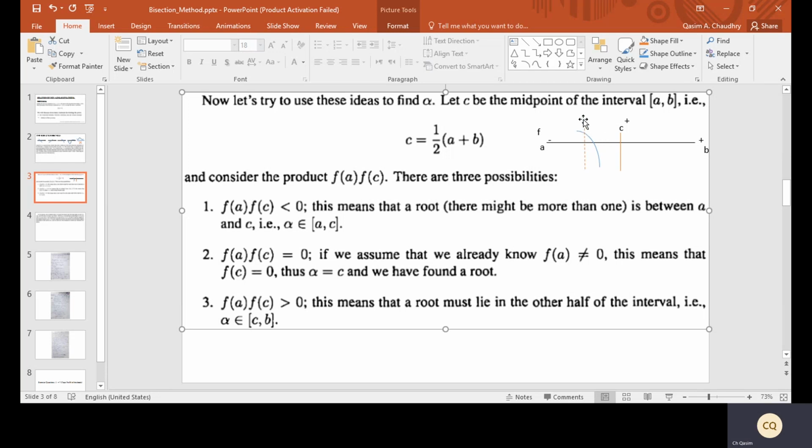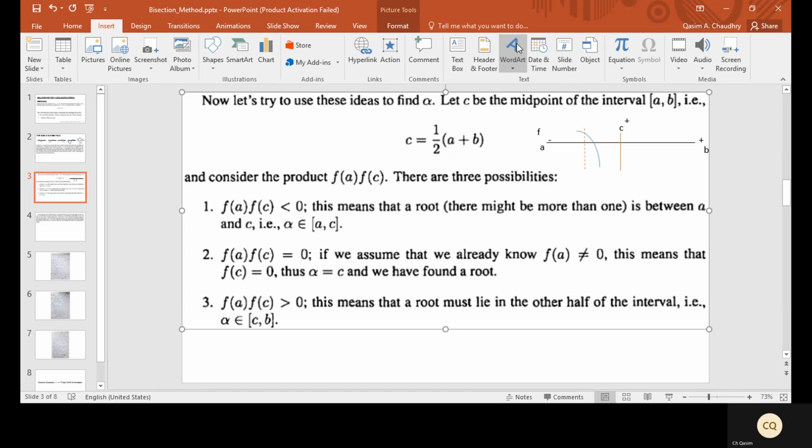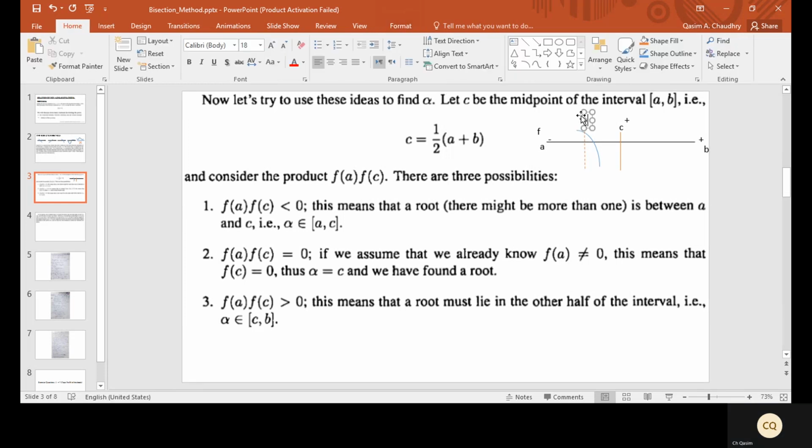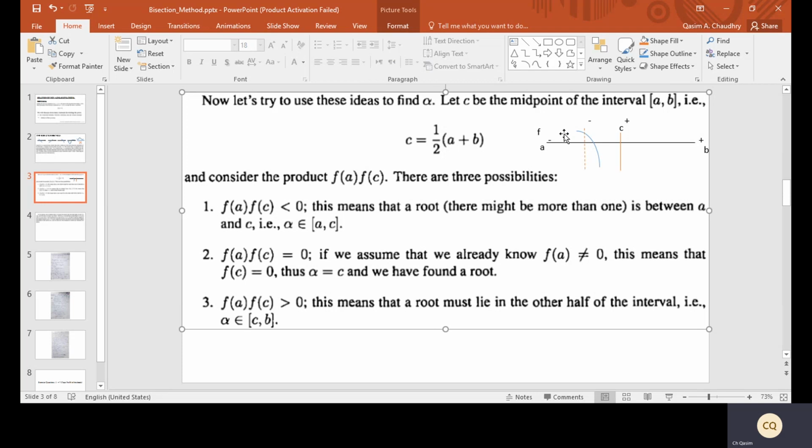And now students, here it would be negative value. Let me write it here. So if this is negative here, then this is negative, and this one is positive. So root lies between this point and this point. Once again, the interval has been shortened.